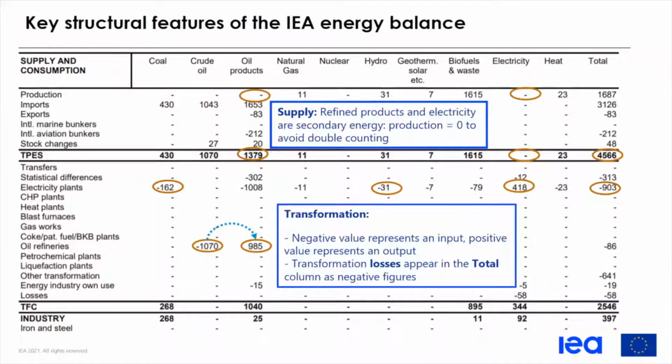In the table shown in this slide, the energy balance is cut. That is why in the total final consumption, you are seeing only industry, but the table continues. As all fuels are reported in the same unit, we are able to compute the total products column. In the transformation sector, the negative value in the total cell represents losses of the transformation process.